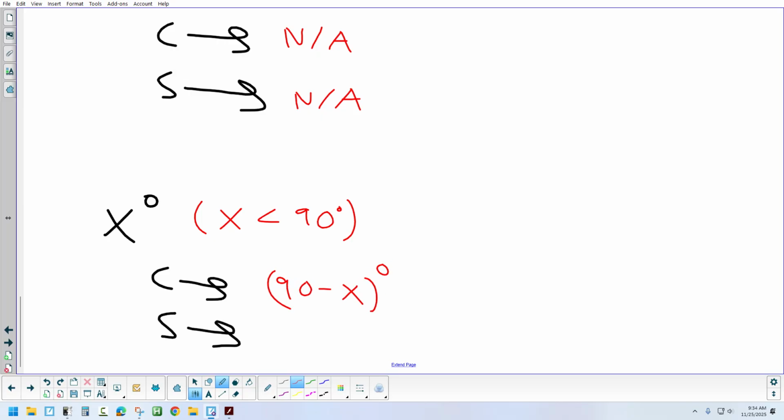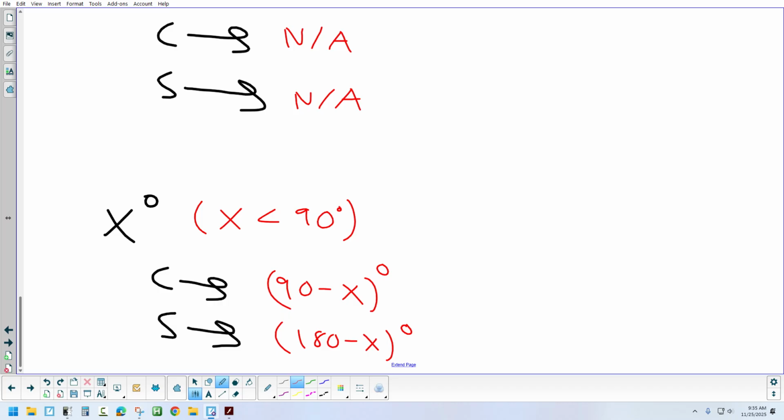That's a more general formula you can use for finding the complement, as long as x is smaller than 90. How about the supplement of x degrees? 180 minus x. Again, for that formula to work, you have to start with an angle that's less than 180. If your angle is already more than 180, it doesn't have a complement or a supplement.